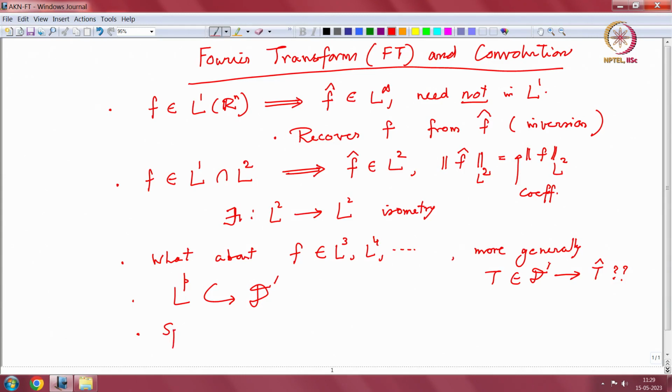So, we will see a special class of distributions, which you have already seen, known as tempered distributions.